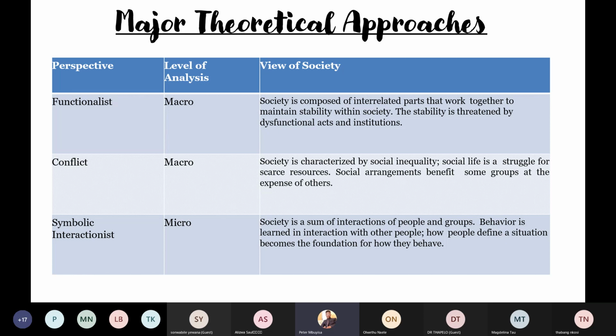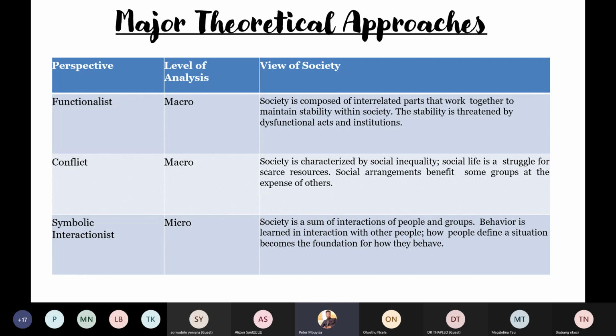So that's when we focus on something that categorizes or puts people into groups in society, and we call that social institutions. So social institutions group people into groups, and we say these social institutions work interrelated with each other in order for society to be stable, to be in a state of equilibrium.